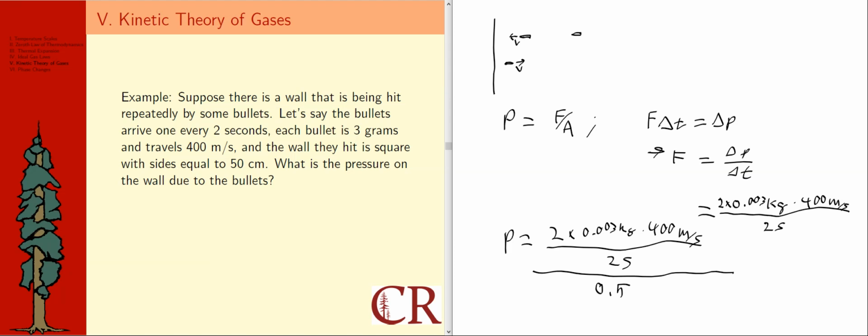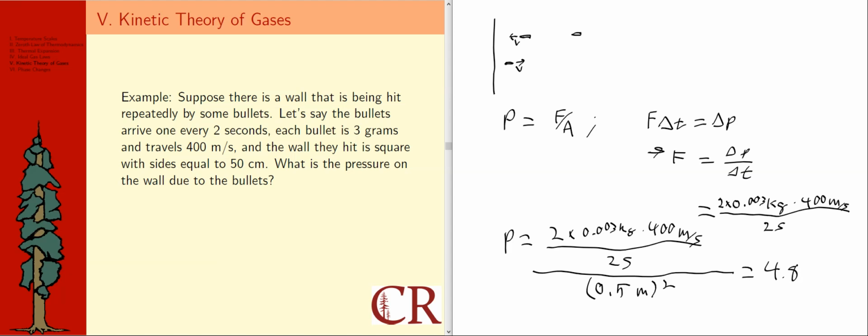I'm going to take 0.5 meters and then square that. So this is the thing I would like to calculate. And I believe if you put that in the calculator, you wind up getting 4.8.